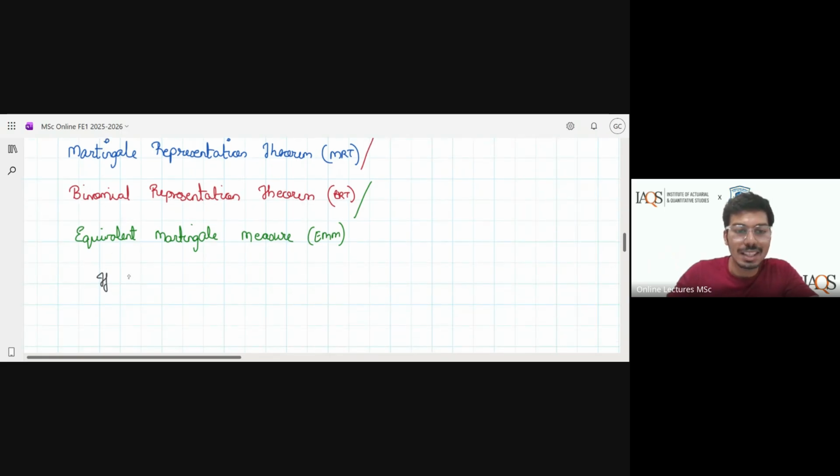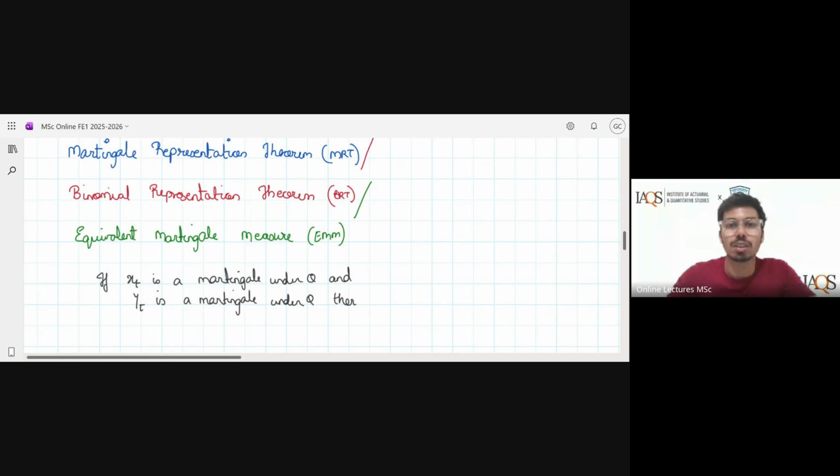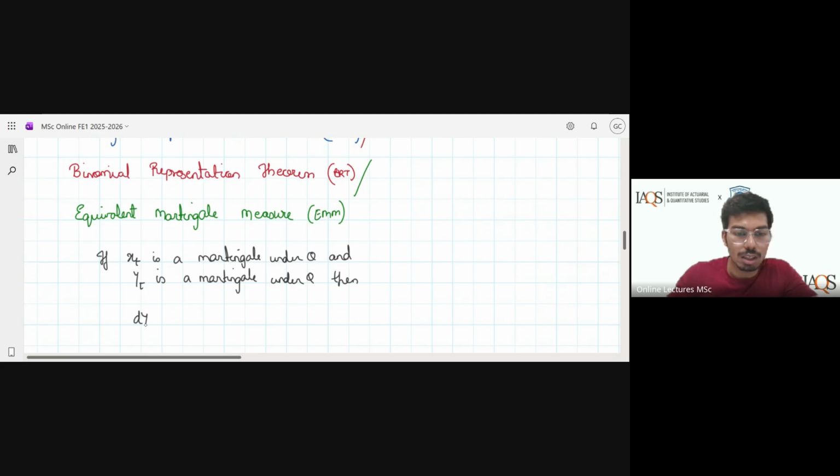if Xt is a martingale under Q, and Yt is a martingale under Q, then dYt is equal to phi t into dXt.